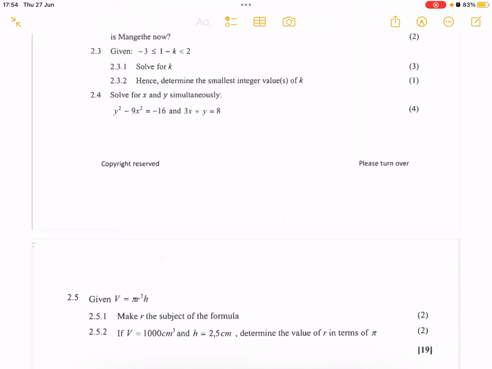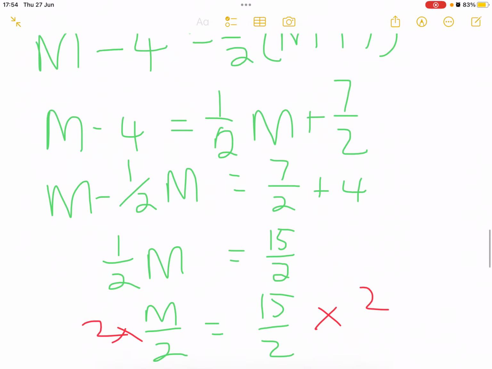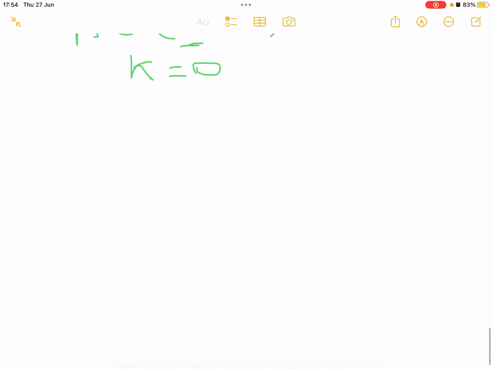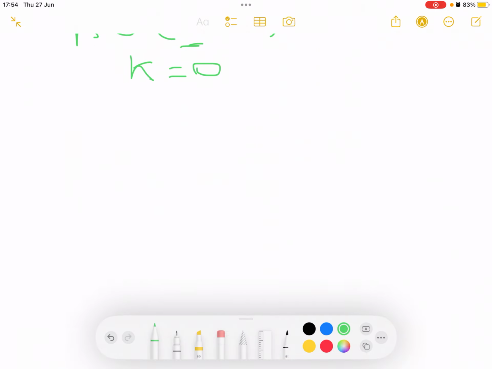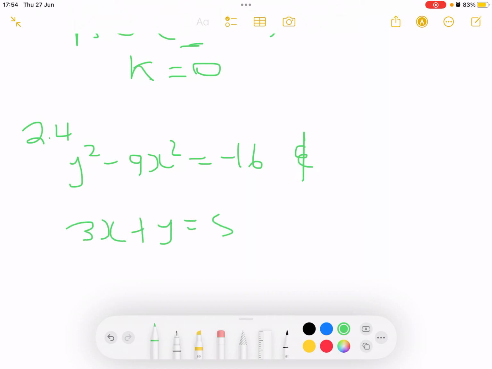And we have y squared minus 9x squared equals negative 16, and 3x plus y equals 8. So 2.4: y squared minus 9x squared equals negative 16, and 3x plus y equals 8.